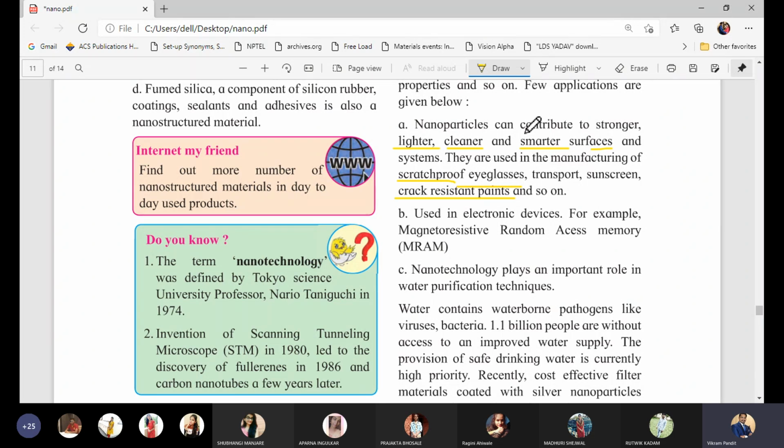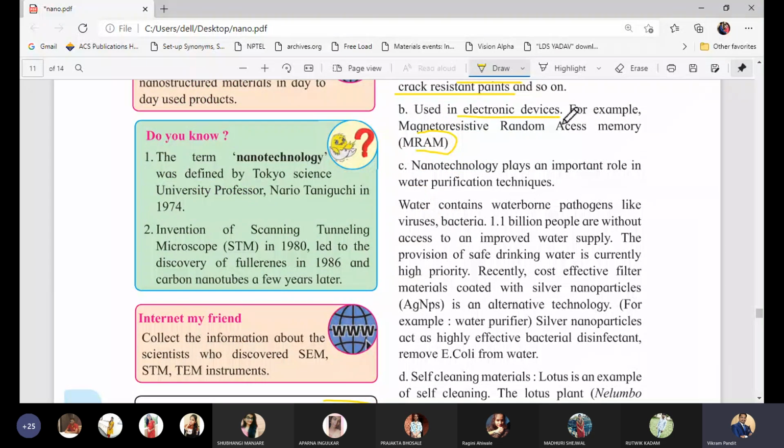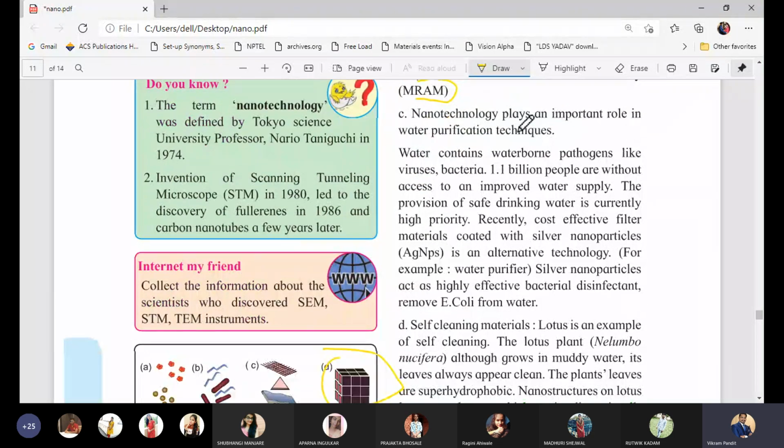That will be highly appreciated. Then RAM, which you are continuously hearing about, the computer RAM can be produced for electronic devices by using nanoparticles. Then there are so many applications in water purification. So in water purification, silver nanoparticles, we have water purifiers in our college also, in our home also.